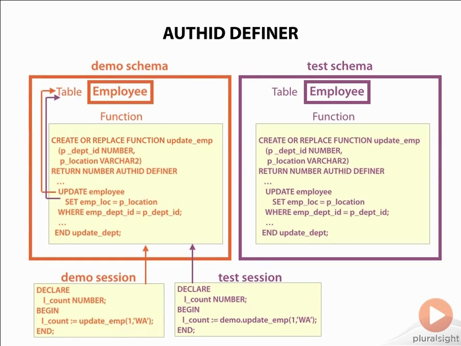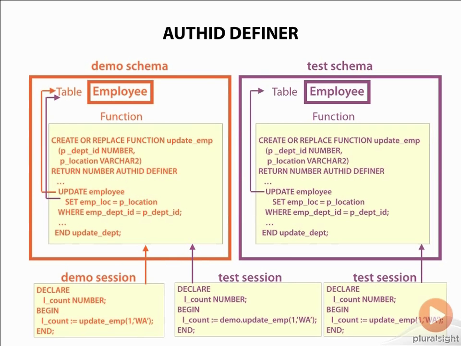In that case, we will have to create a copy of the function in the test schema also. Then, when user test executes the function updateEMP, it will resolve to the function in the test schema, which will then operate on the employee table in the test schema, the owner of the function in that schema.